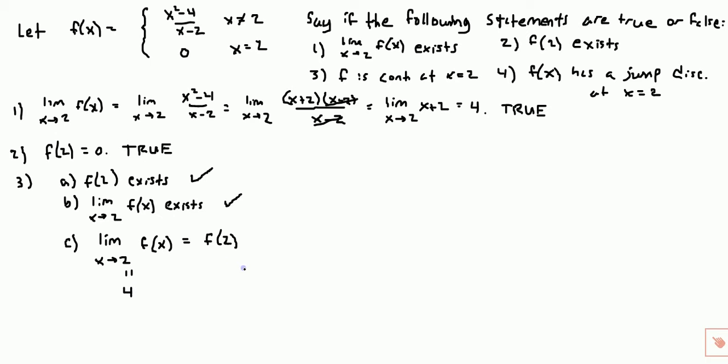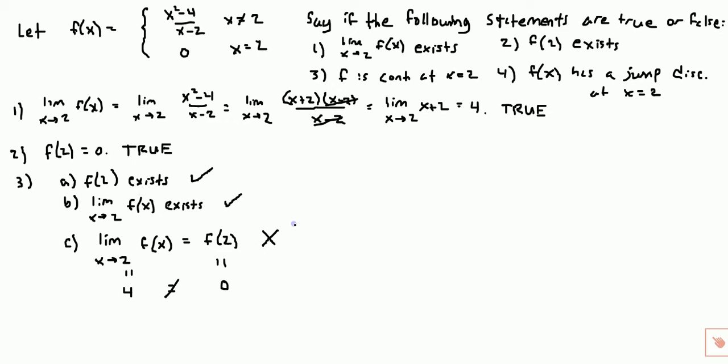And we know by the definition that f of 2 is equal to 0. So does this limit equal f of 2? No, because 4 does not equal 0. So this does not hold. Because this one condition doesn't hold, that means the whole function is not continuous.